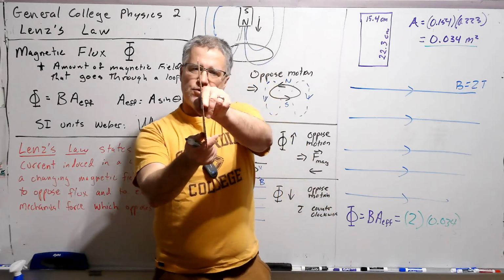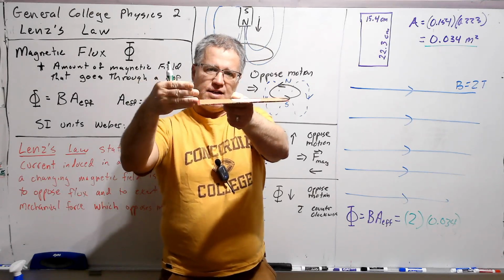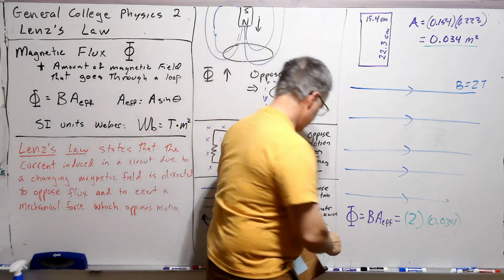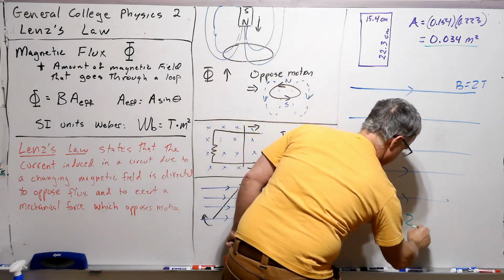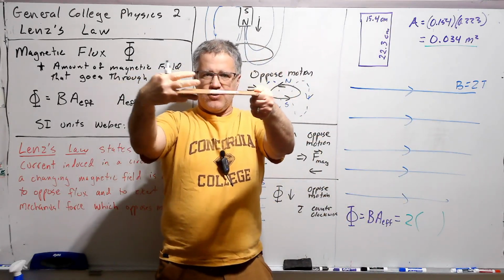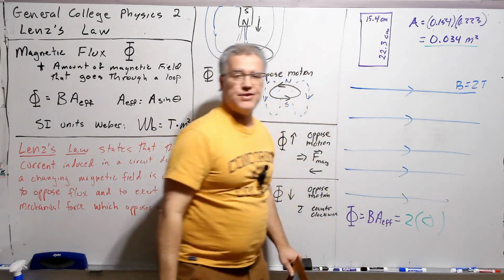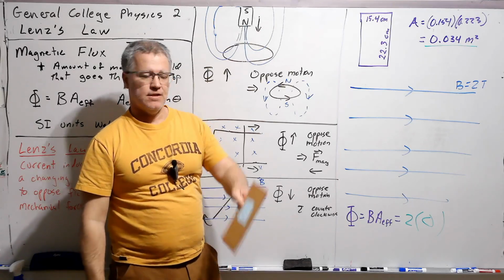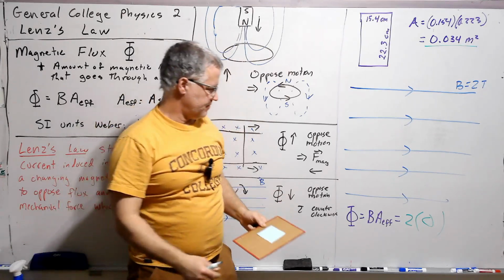Now, let me rotate this a little bit. Let me rotate it all the way like this. Then we're going to have 2 Tesla, but none of the field actually goes through the loop. So we're going to get 0, and so we would get 0 flux. Okay? Now let me go at, say, an angle where we're 30 degrees to the field.